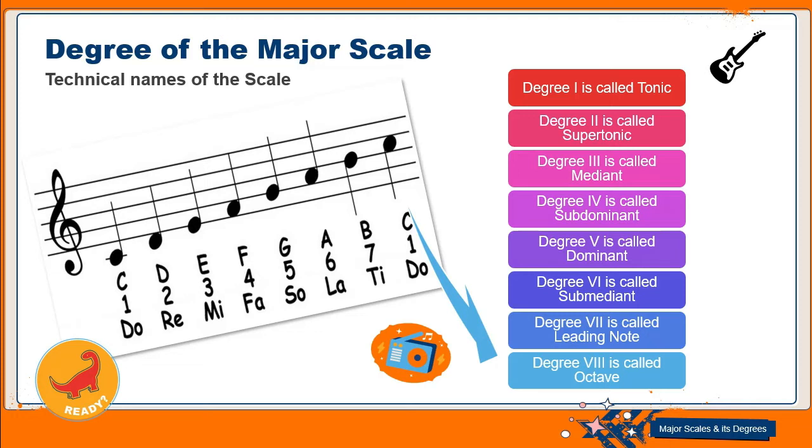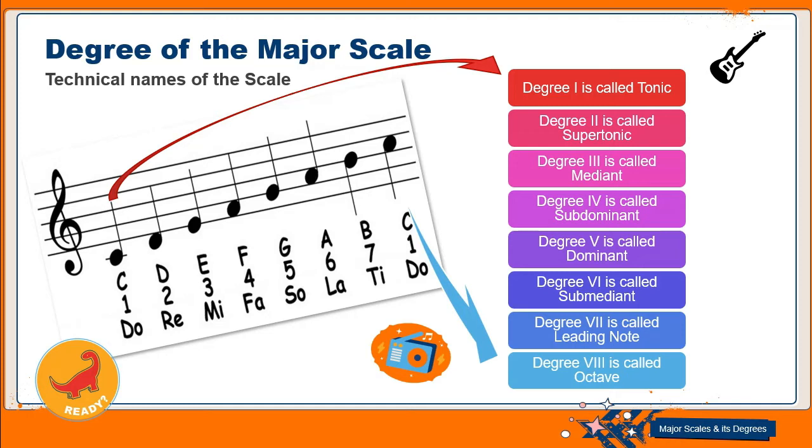Now take note also that the first degree and the eighth degree are actually the same name, but of different pitch. That shows that if you are to find out the number of notes that make up the scale, you observe that they're actually 7, because the first degree is repeated in the eighth degree.